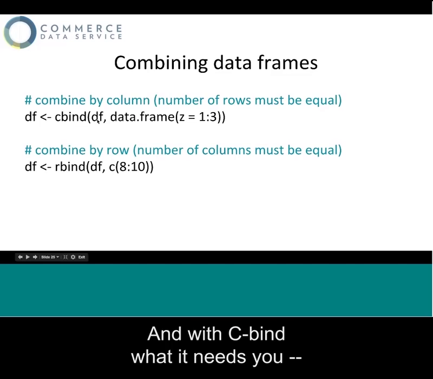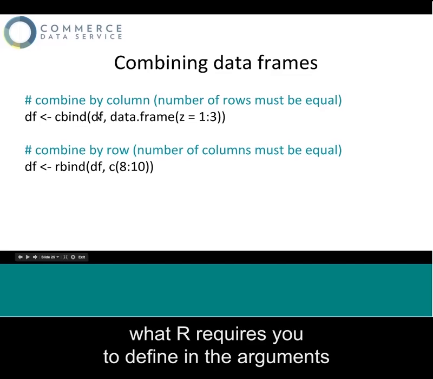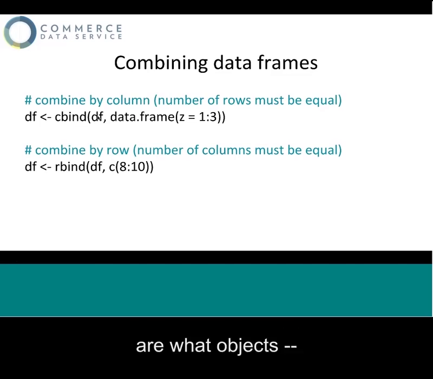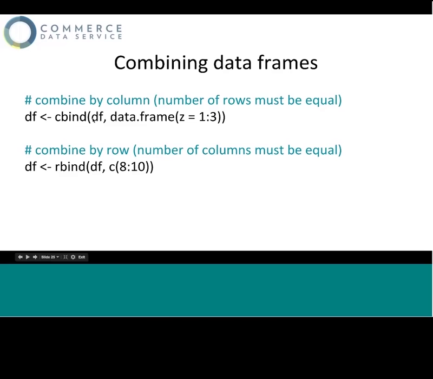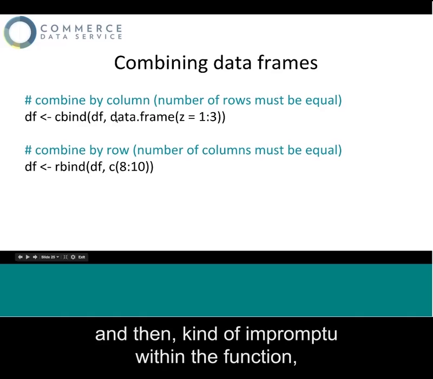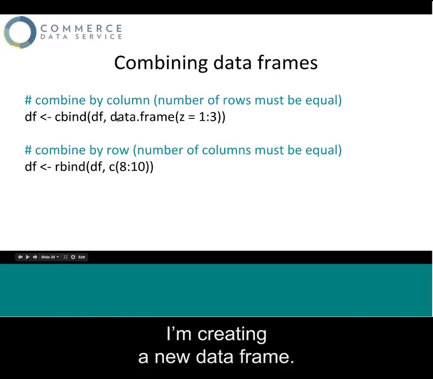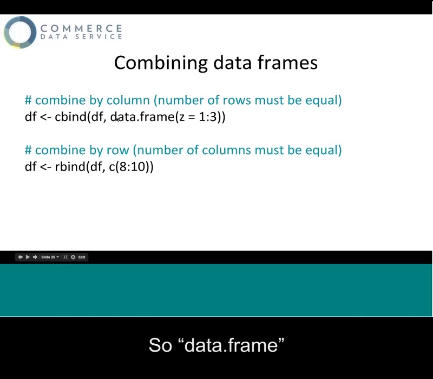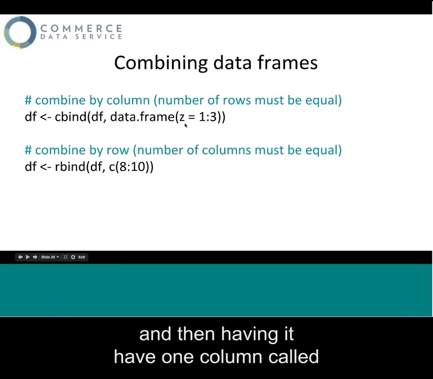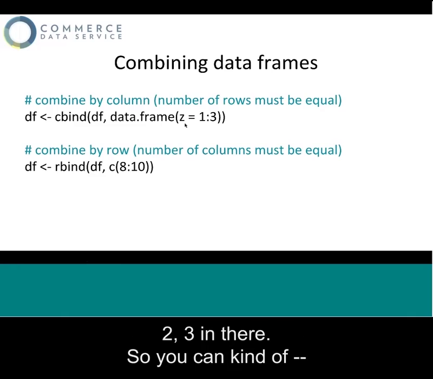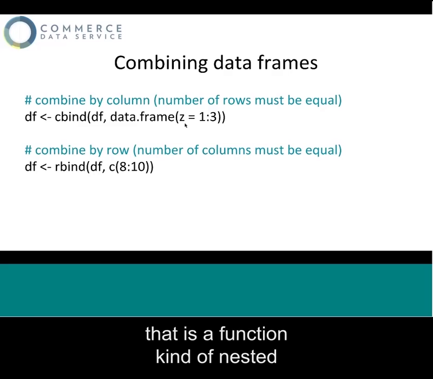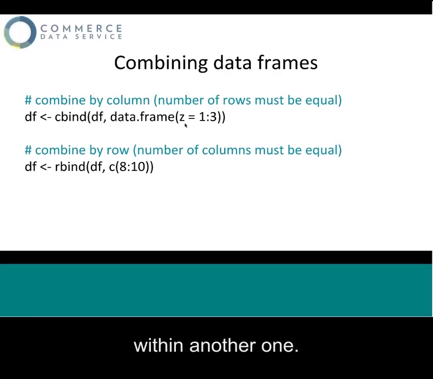With cbind, R requires you to define in the arguments the 2 objects that you want to combine. So here, df, which is the one that we just created, and then impromptu within the function, I'm creating a new data frame. So data.frame, with one column called z with the numbers 1, 2, 3 in there. So that is a function nested within another one.